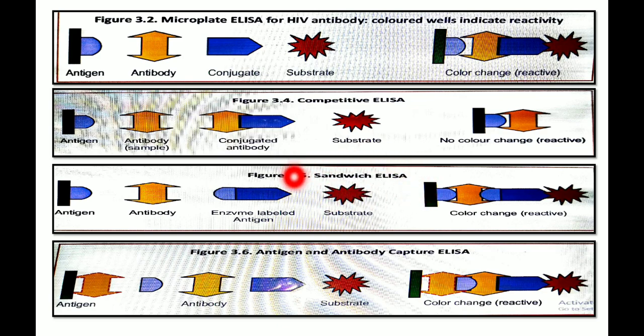Then you have what is called the sandwich ELISA. This is a modification to improve the sensitivity and specificity of the indirect ELISA. In the first step, the antigens bound to the solid phase will bind to the antibodies which are present in the test sample. Now, since you all know that antibody molecules are bivalent or multivalent, they are still able to bind to another antigen.